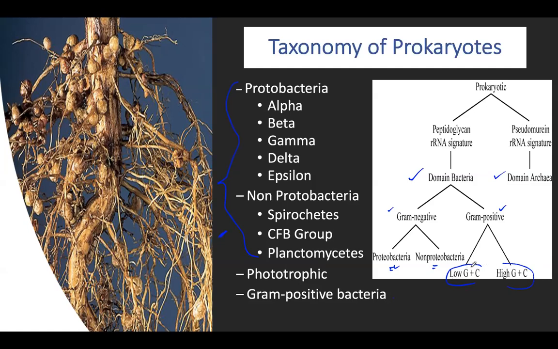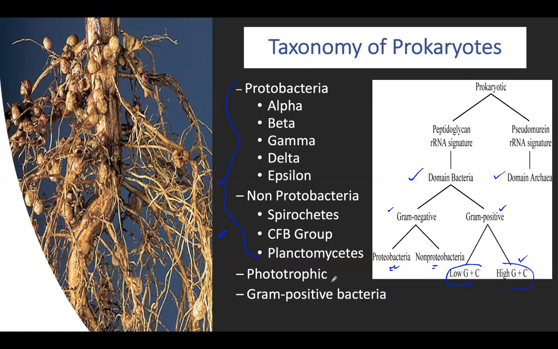More than 50% guanine cytosine are the high G plus C, and less than 50% are the low G plus C. Up to this is very easy, right? Gram-negative bacteria are either proteo or non-proteo, and gram-positive bacteria are low GC or high GC.